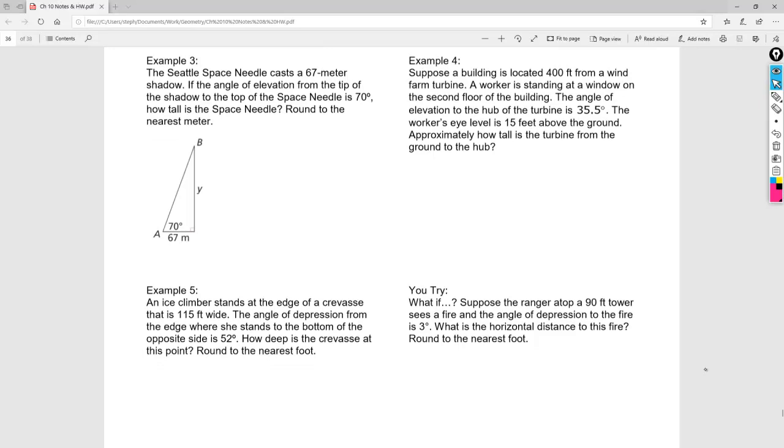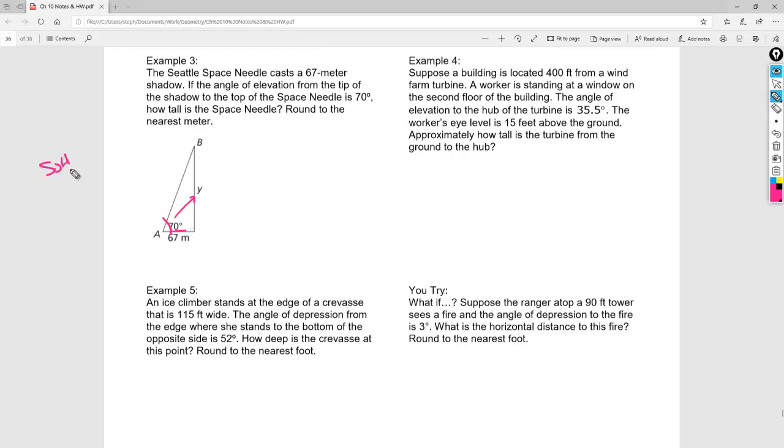Alright, moving on. So our next example, we have the Space Needle in Seattle casting a 67-meter shadow. So that's my bottom leg there. If the angle of elevation from the tip of the shadow to the top of the Space Needle is 70, so that's angle A, how tall is the Space Needle? So I'm solving for y. So what I need is a relationship between my angle A to the opposite and the adjacent.